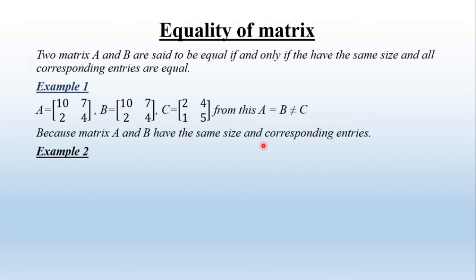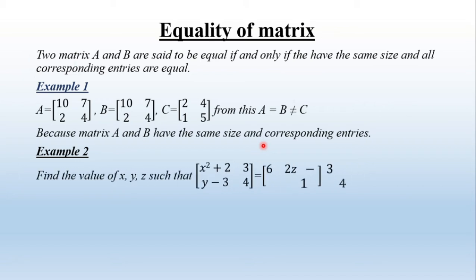Let's take another example. Find the value of x, y, z such that the matrix x square plus 2, 3, y minus 3, 4 is equals with 6, 2z minus 3, 1, 4. Look, if this matrix is said to be equal matrix, x square plus 2 must equal with 6. አሁን እንግዲህ x y z ነው ፈልጉ የተባለው corresponding ኢንተሪያቸው እኩል መሆን አለበት equality of matrix ለመባል.